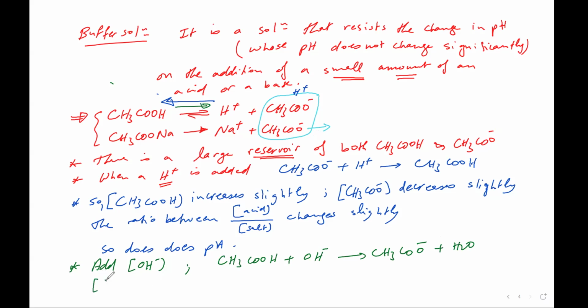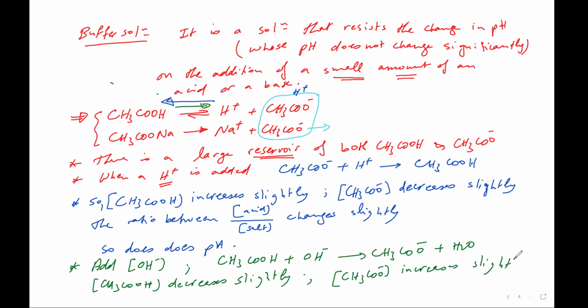So this means that the concentration of ethanoic acid decreases slightly this time because it is the one that reacted with the hydroxide. It decreases slightly, whereas the concentration of the CH3COO minus, which corresponds to the salt, increases slightly.